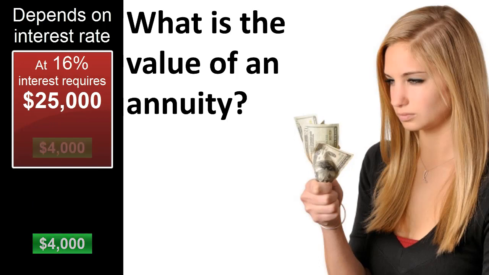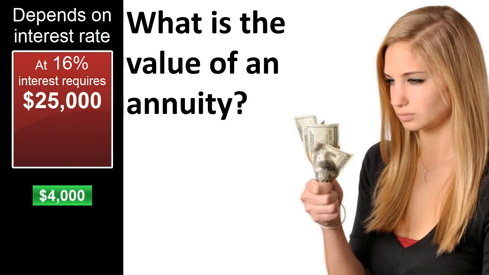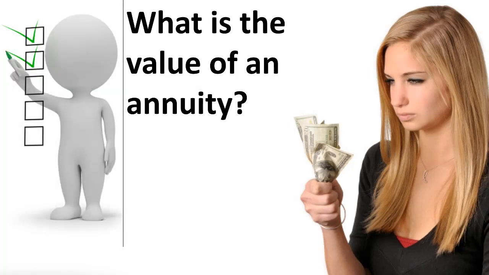Thus, the value of a $4,000 per year payment depends heavily on the prevailing interest rates. Fortunately, the IRS has a prescribed process for determining the appropriate interest rate and calculating the value of annuities. Let's now walk through that process step by step.